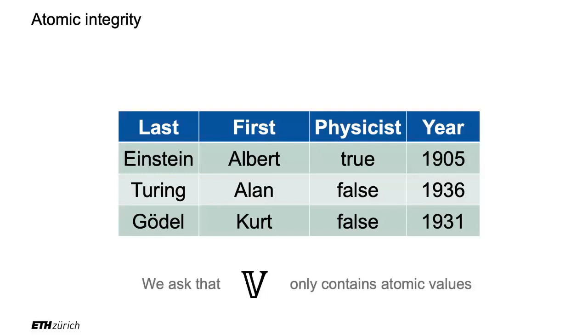Well, atomic integrity is just about how we define a value. If we say the values must be atomic, V is only atomic values, then we've also checked the box of atomic integrity. It's really just a matter of what values we allow. So if we don't allow tables or dictionaries or lists of whatever that has structure in V, only strings, integers, dates, and so on, then we have atomic integrity.